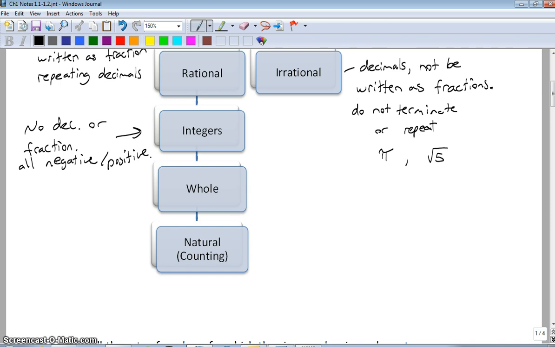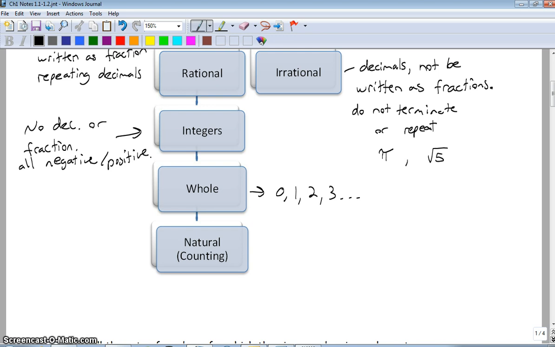There are no decimals, no fractions. Now we have whole numbers, which are basically integers where we take away the negatives. So whole numbers are just 0, 1, 2, 3, etc. So integers can be negative or positive. Whole numbers start at 0 and go positive. 0 is also included in the integers.